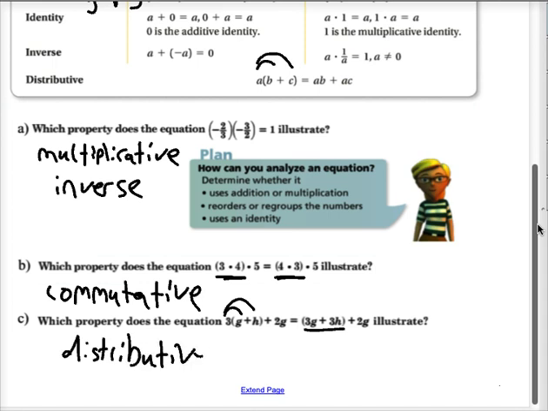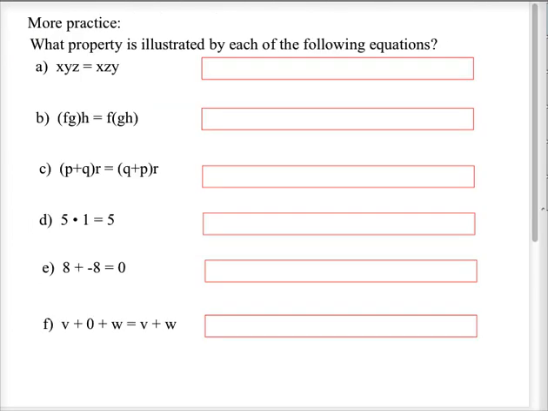That is the distributive property right there. All right, last page, and then you'll be good to go. So let's run through a couple more just to make sure that you're feeling comfortable with this.